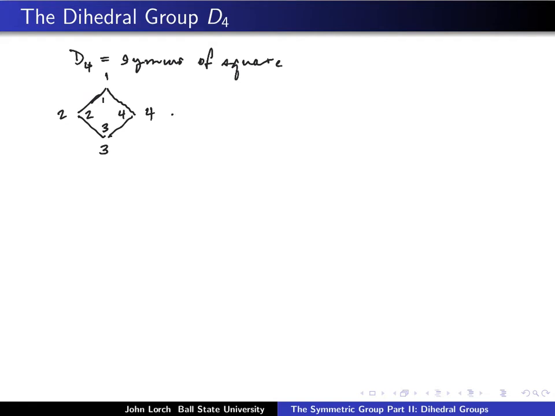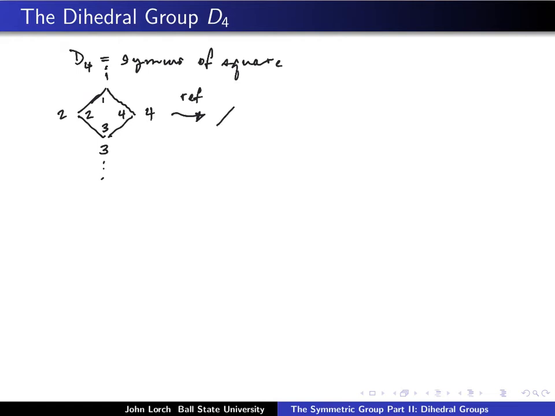So one thing we could do with this square would be, for instance, to reflect across a vertical midline. If we do that, we would see that 1 and 3 would be fixed, and 2 and 4 would be swapped.